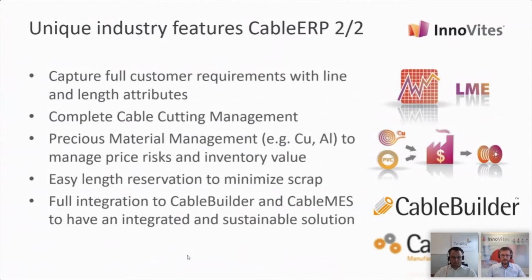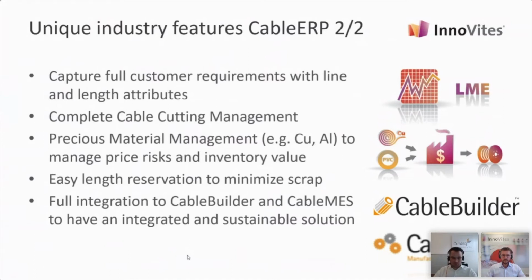Another feature that we see more and more at our customers is that their customers come with more detailed requirements. So we have what we call line and length attributes. You can associate detailed information about your customer requirement in a very structured way.